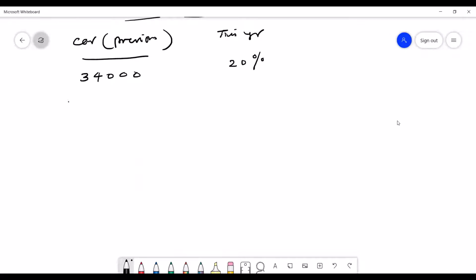So the increase is a percentage increase. 20% means 20 divided by 100 into 34,000. So this will go in 2 times, and we will get it as 6,800 rupees. 6,800 rupees is the increase.